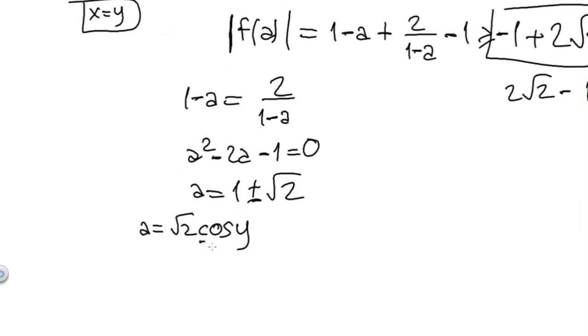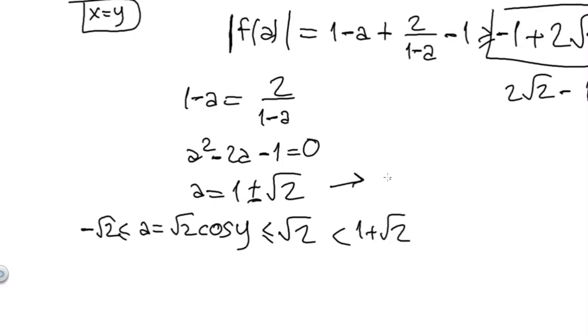And I know that cosine y is just between minus 1 and 1. So this is between minus square root of 2 and square root of 2. And 1 plus square root of 2 is just bigger than square root of 2. So this is just less than 1 plus square root of 2. So a cannot be here. I mean, a cannot be equal to this. Okay, a is less than square root of 2.